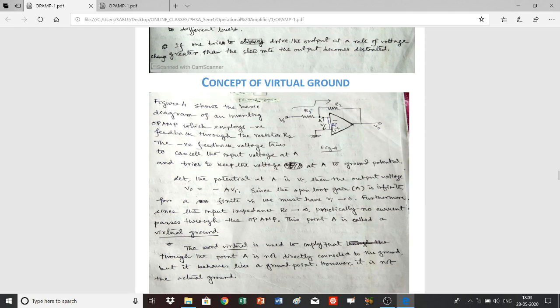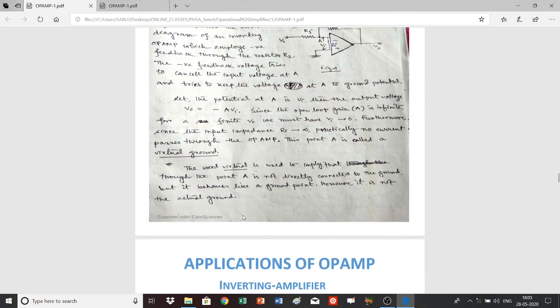Furthermore, as Ri tends to infinity, no current will pass through the op-amp, and that's why the potential of the point A is 0. Although the point A is not directly grounded, its potential is equal to the ground potential. That's why the point A is called the virtual ground. The word virtual is used to imply that although the point A is not directly connected to the ground, it behaves like a ground point.